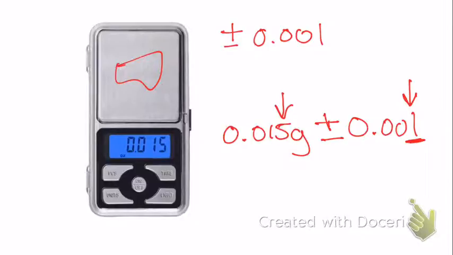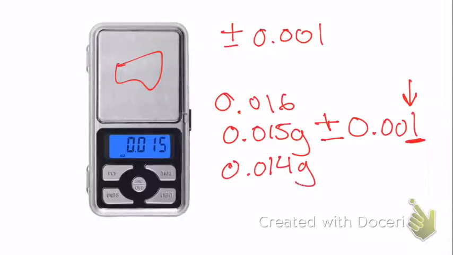So our actual value could just as well be 0.016, so 0.001 up, or it could be 0.001 down, so it could be 0.014 grams. We agree on this part, and the balance agrees on it, but this column here is being estimated, and it's indicated by the random error that we have recorded here.